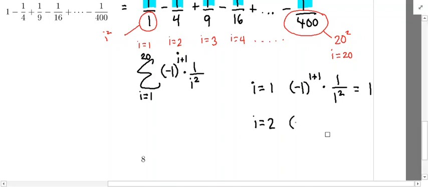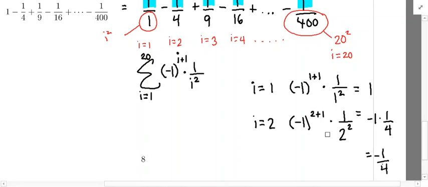Let me start this again with I equals 2. Plug in 2 for I. That's going to give us negative 1 to the third power. That's going to give us negative 1 times 1 over 4. So we're going to get negative 1/4 as the second term in the sequence. The signs do appear to be alternating in the correct order.